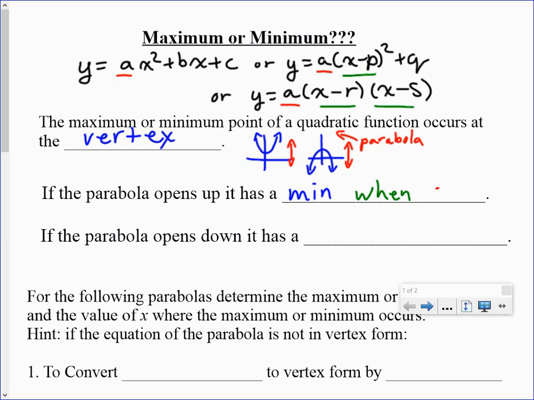It's when a is greater than 0. The next one, sometimes I make these mistakes, is if the parabola opens down, then we want to think that it's sad. And when you think it's sad, we have a negative value for a. So let's fix that as well. We have a being less than 0.